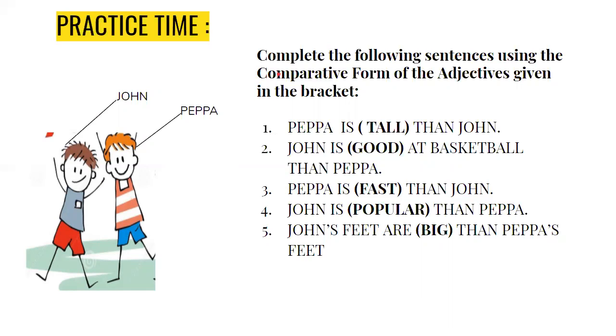Complete the following sentences using the comparative form of the adjectives given in the bracket. Peppa is dash than John. So this tall I have to change into a comparative form. Kids, I'm giving you 20 seconds. Quickly write the answers and then we'll check them together.